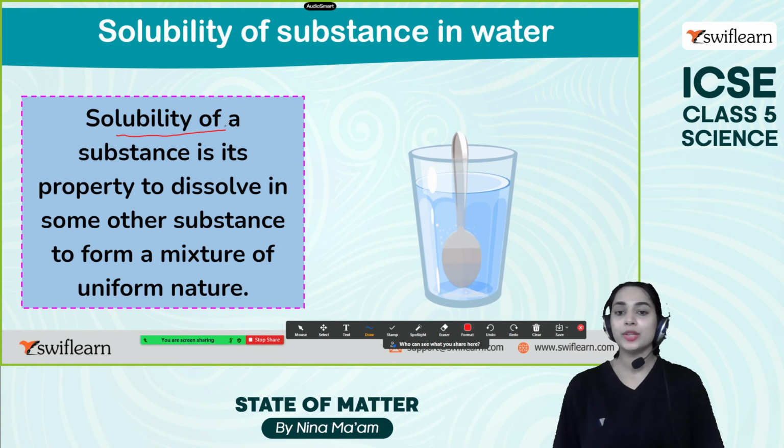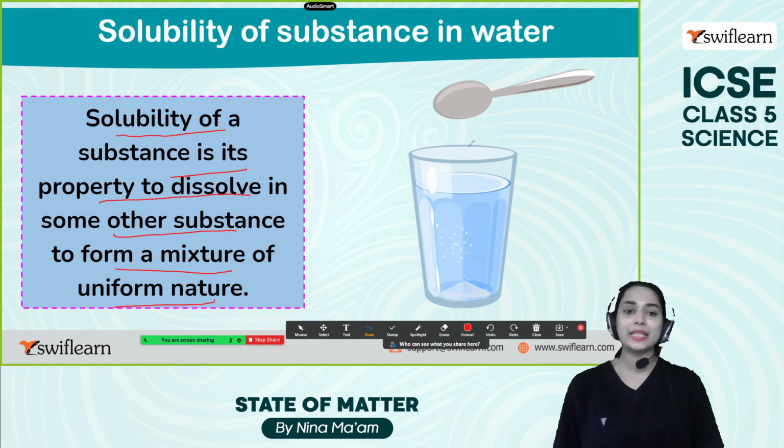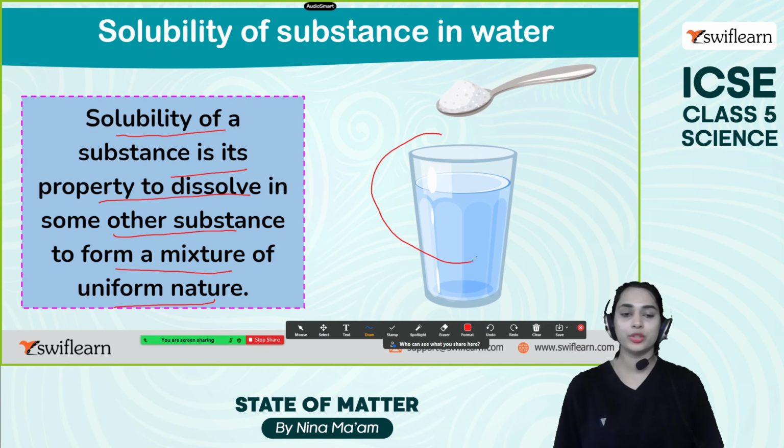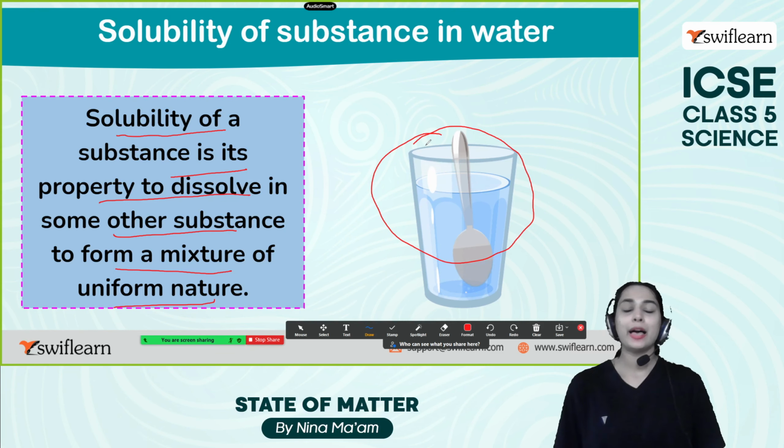Solubility of a substance is its property to dissolve in some other substance to form a mixture of uniform nature. So when we mix salt or sugar with water, we find a mixture of uniform nature, right? So that is the solubility of a substance in water.